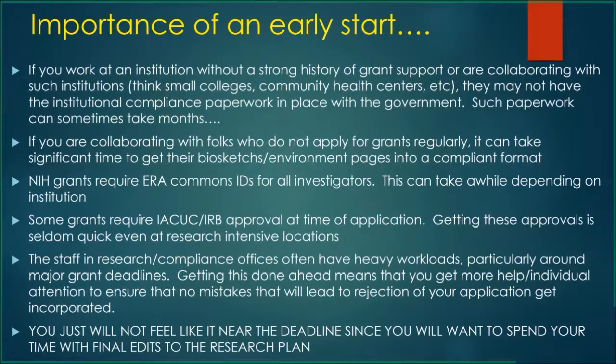This could be everything from the tax ID number to all of the research compliance paperwork numbers. And there are also institutional IDs that the big granting agencies have and require for money to go to an institution. That paperwork can sometimes take months, especially if you're working with a small institution that just doesn't have any of the paperwork in place.